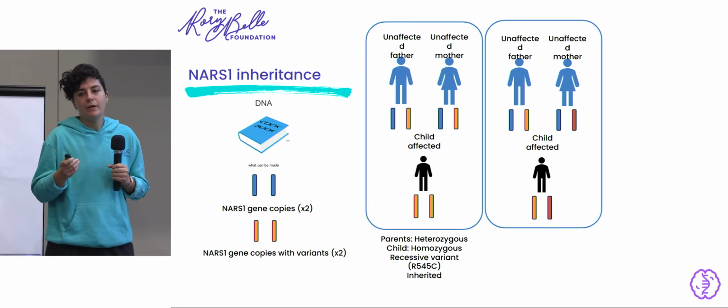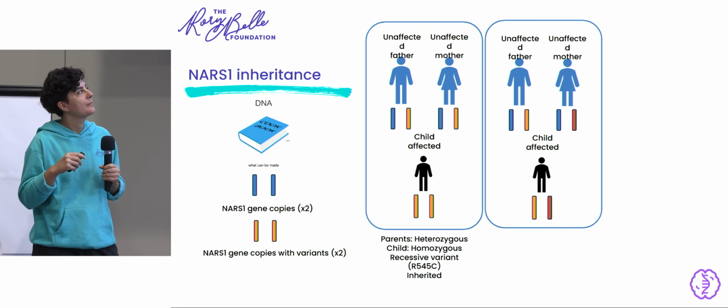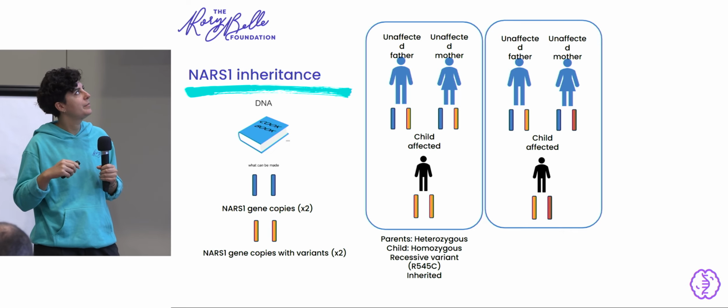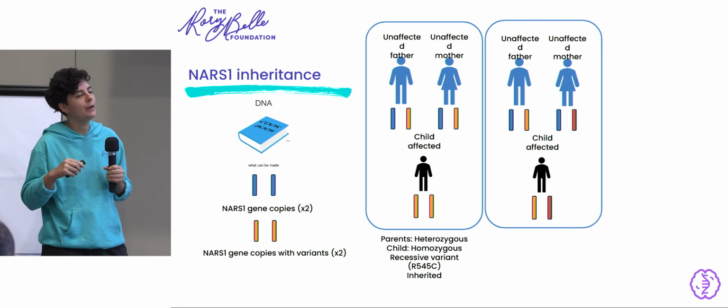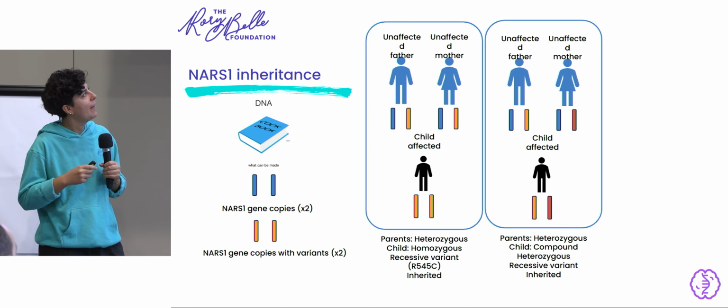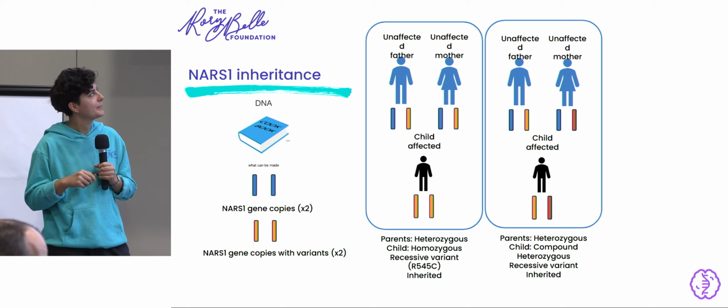Second case, where both unaffected parents are passing down a variant here in orange and a different variant here in red. So it's not passing down the exact same variant, but the child is affected because both variants are not functioning properly. In this case, the parents are also heterozygous, meaning they're carrying one blue, one orange, and one blue, one red, so two different ones.